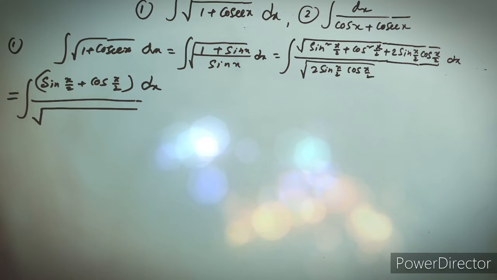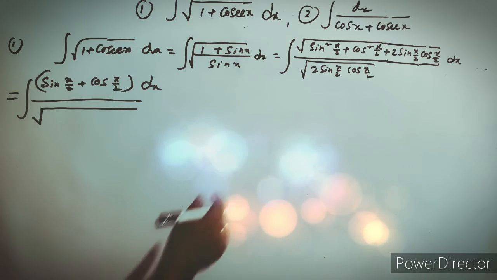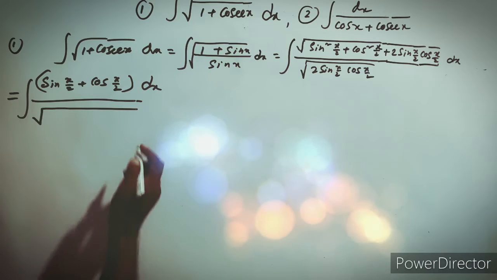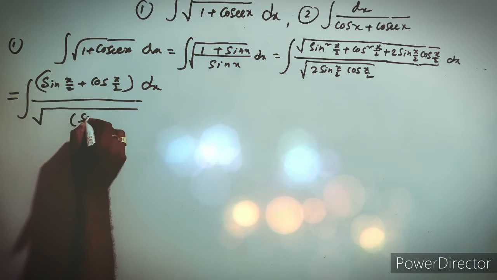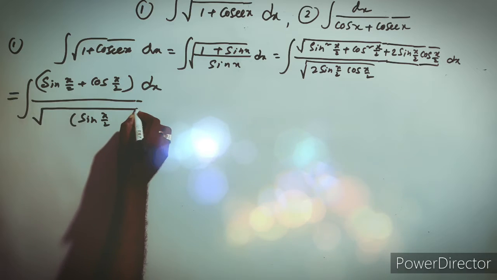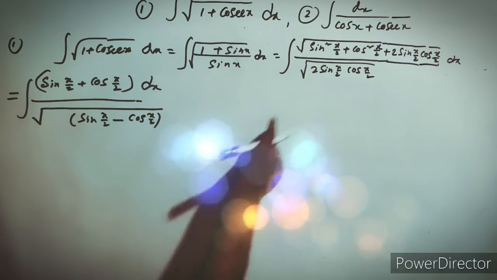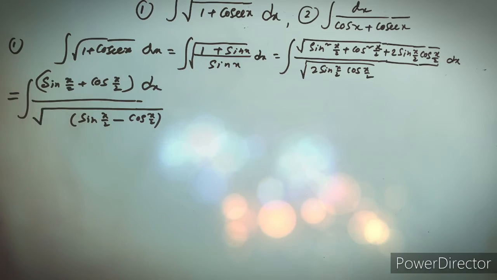Now see whose derivative is this: it is sin x plus cos x. This is the sin x minus cos x pattern, so in place of that we can write sin x by 2 minus cos x by 2, and we want to get 2 sin x by 2 and cos x by 2.